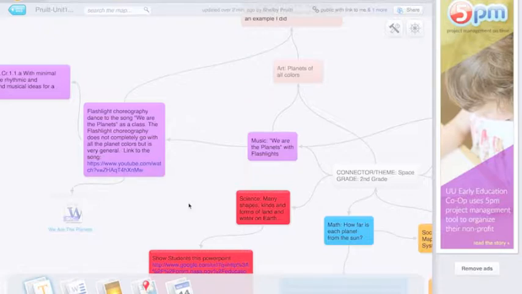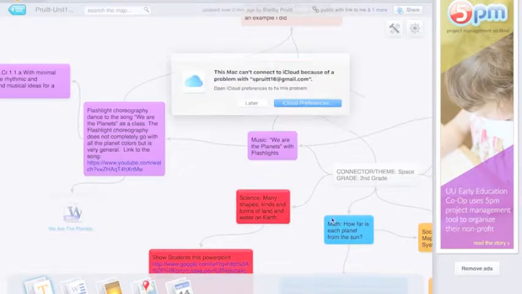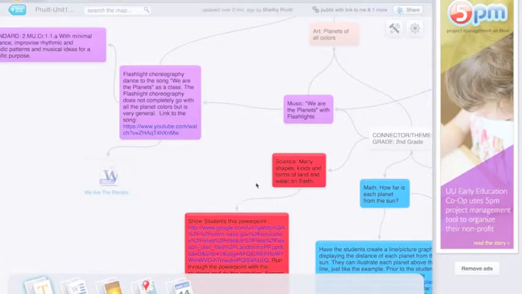So each planet is going to kind of have a color. I am only using four colors in the flashlight choreography, so the planets are kind of grouped together by how far away they are from the sun, and the song actually goes by the distance from the sun, so it kind of ties into the math unit as well.